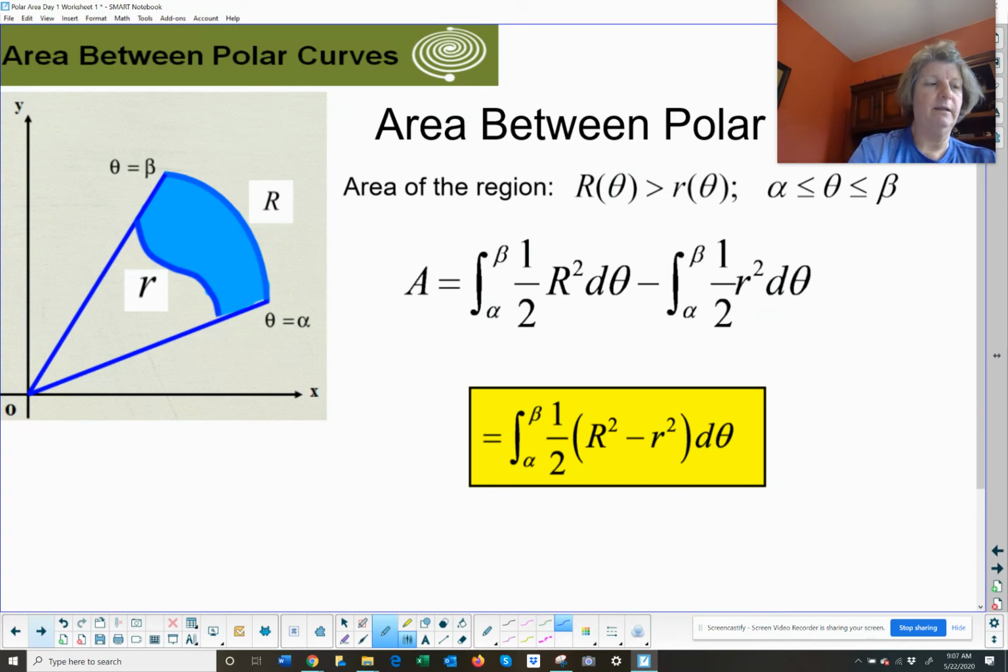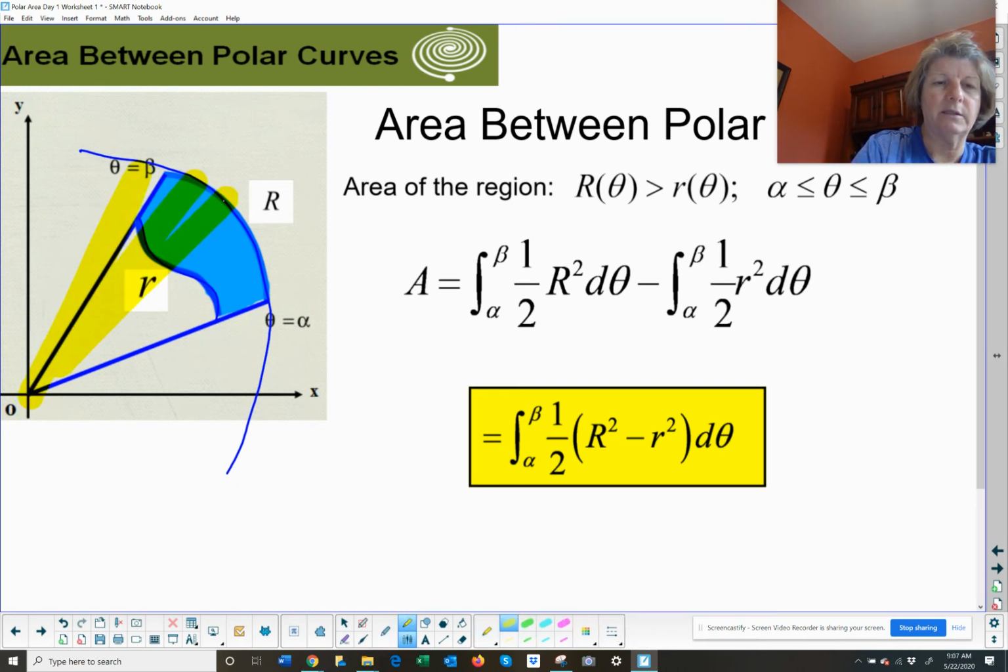Area between these curves. So if I have an outer curve and some sort of inner curve, how do I come up with that blue region? Well, one thing I could do is I could calculate the area all the way out to the outside one.